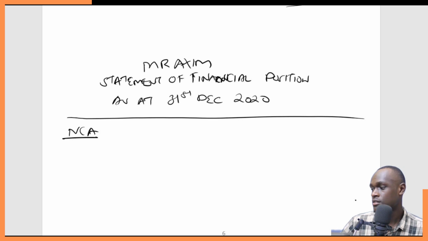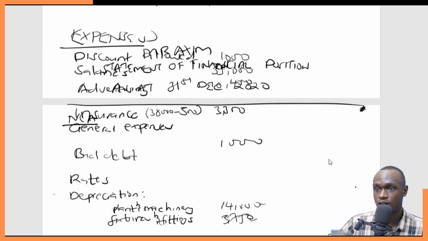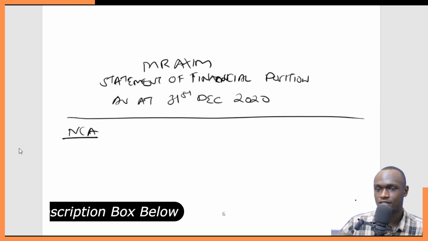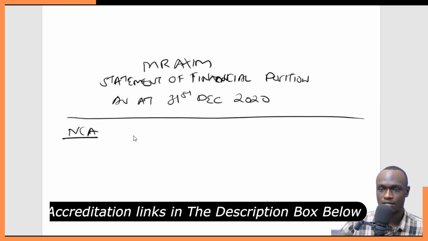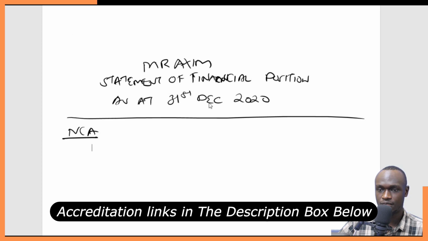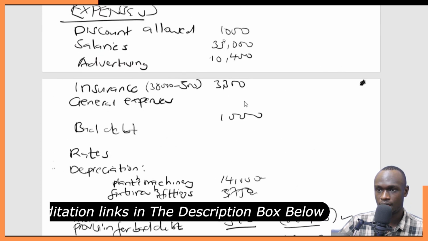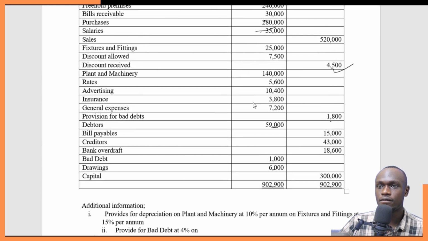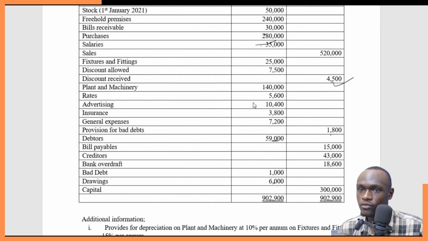Non-current assets. Under non-current assets, we have freehold premises valued at 240,000.